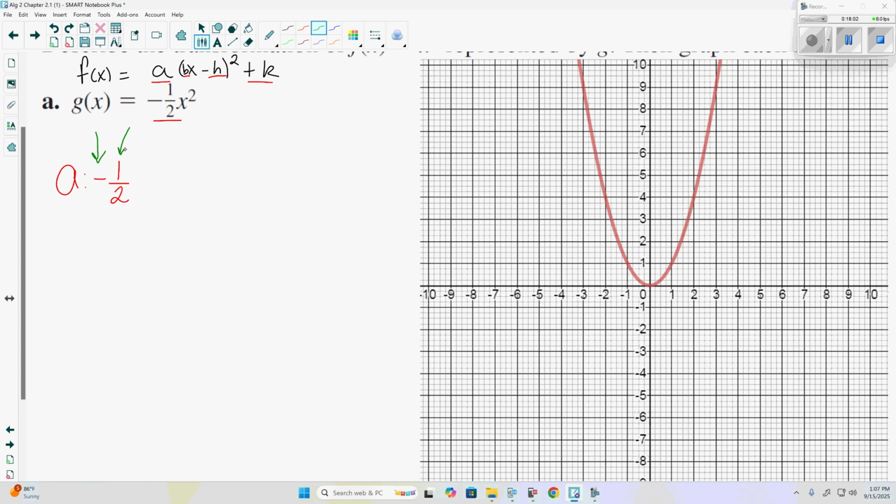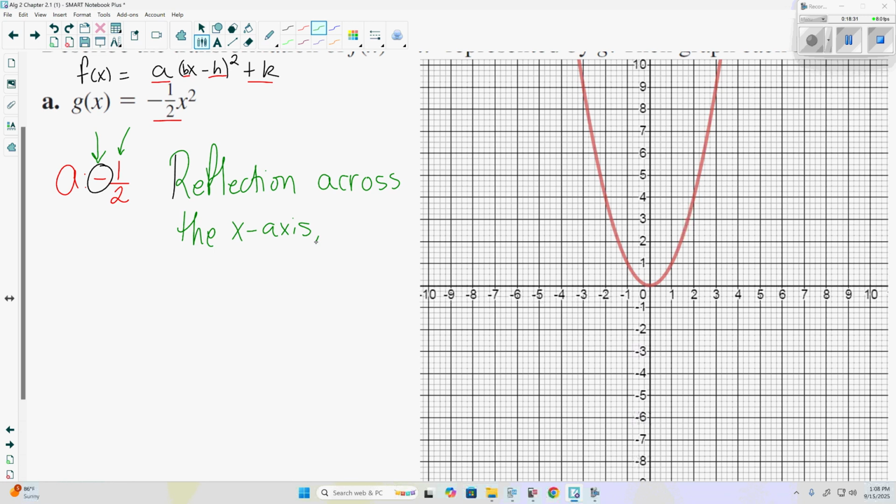Now, a and b tell us two things. One, if there's a reflection, and two, if there's a stretch or shrink. Is a negative? Well, yes. That negative tells us specifically that there is a reflection across the x-axis.